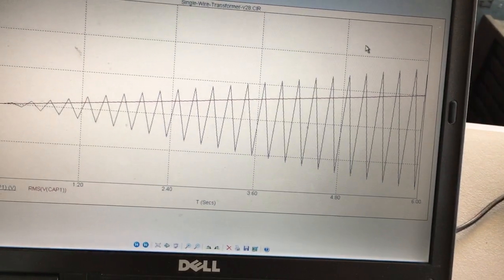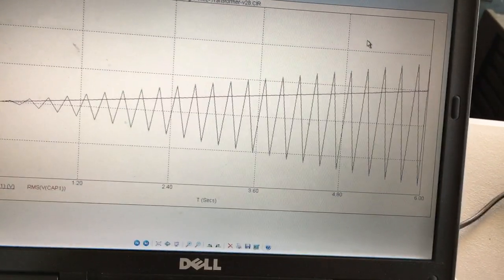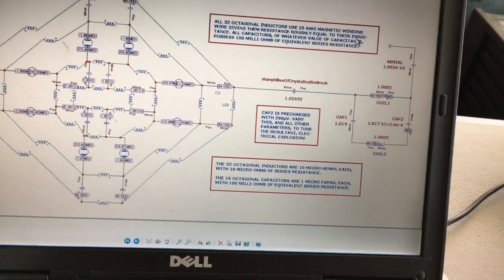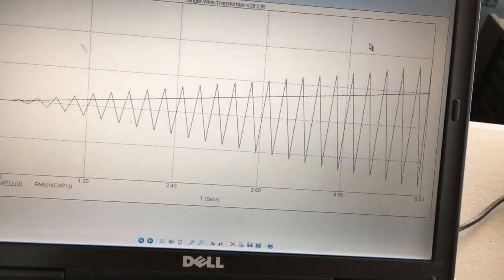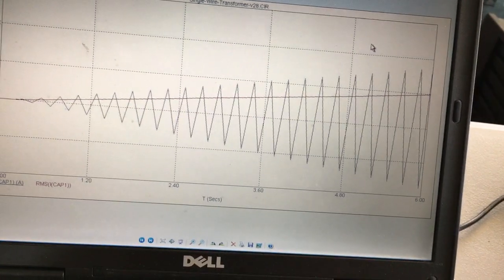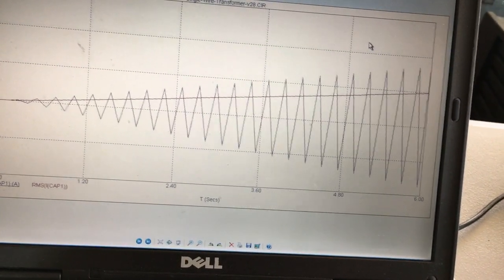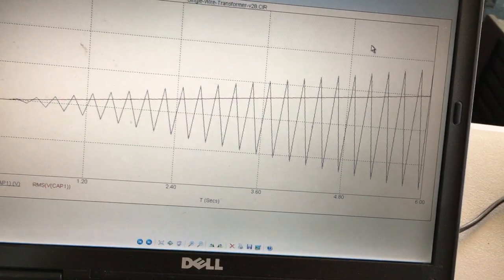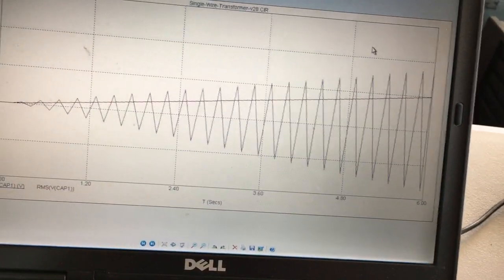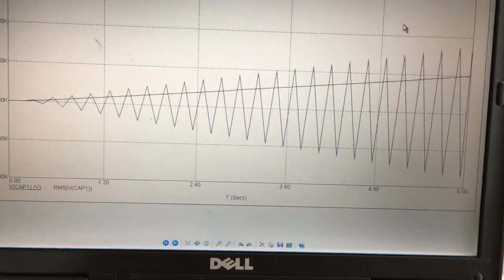Now we look at the voltage. The voltage is rising. And what happened to the current? Oh, both the voltage and the amperage. So here's the voltage on cap 1, one of the load caps, and the voltage is rising.